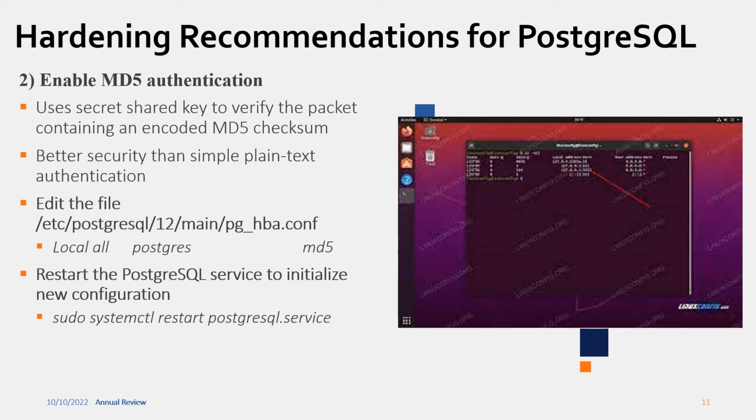You create this file that I posted below, make sure to edit it, and ensure that the line, local all postgres md5, is written. And if you want more specific instructions, I've included the link in my references. Then you got to restart the service to initialize that the new configuration is solid, just like how you would have to restart the configuration of an IP tables after you've modified it.